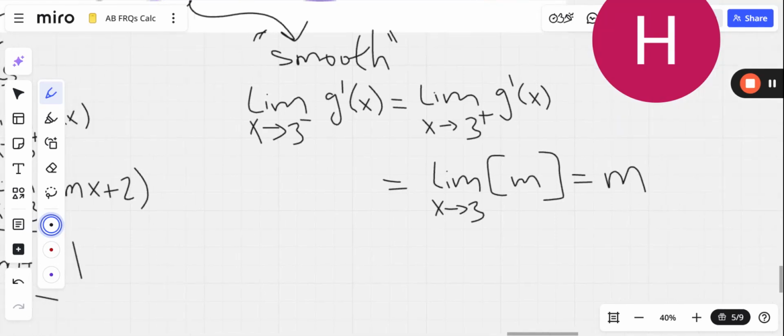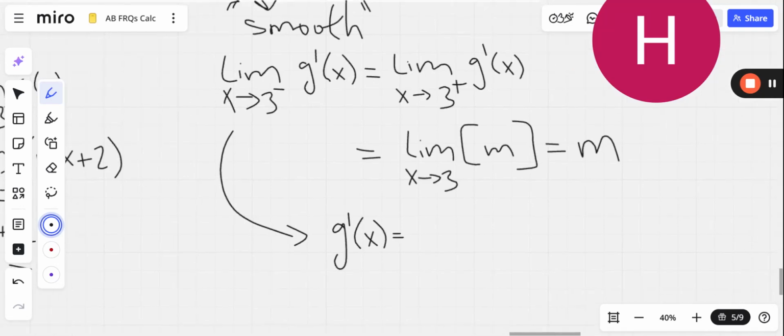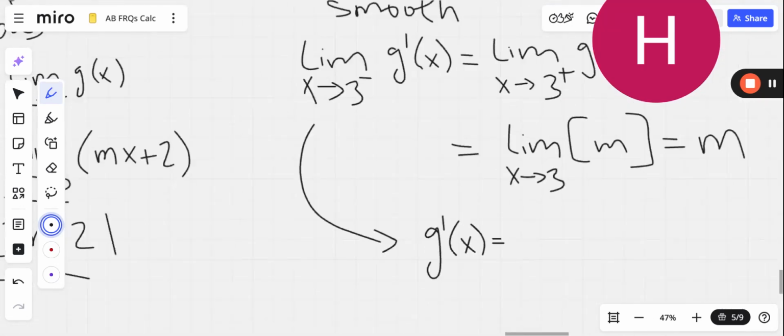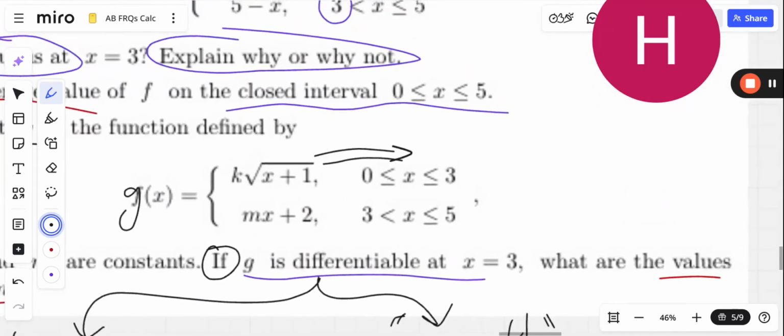Alright, that's nice. That means if we can get the derivative on the left side, we're going to be good to go. So what is g prime? Well, since g of x, let's get a really clear definition of this piece of g of x. This is really equal to k times (x plus 1) to the 1/2.